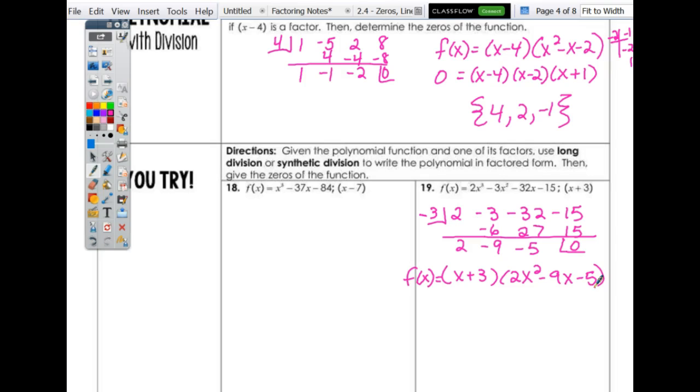So my A times C is negative 10 and my B is negative 9. So does that factor? So negative 10 and 1. And I have a leading coefficient. And what happens with the 2x minus 10? Yep. So you get x plus 3 times x minus 5.